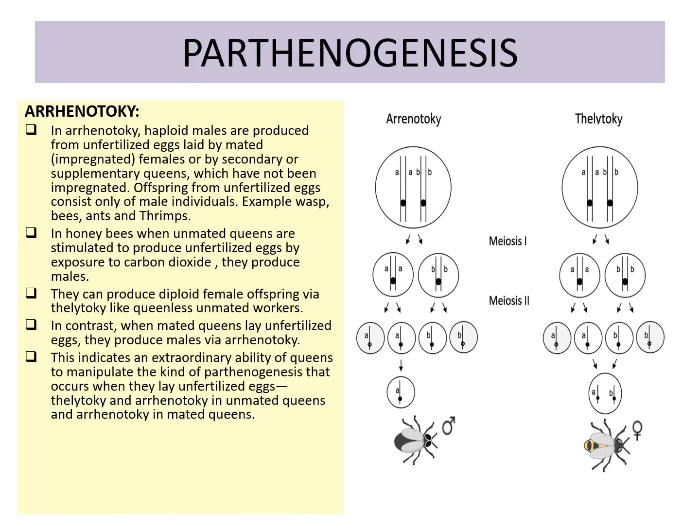This indicates an extraordinary ability of the queen to manipulate the kind of parthenogenesis that occurs when they lay unfertilized eggs: thelytoky and arrhenotoky in unmated queens, and arrhenotoky only in mated queens. It is also suggested that mated queens could potentially produce daughters both sexually and asexually.